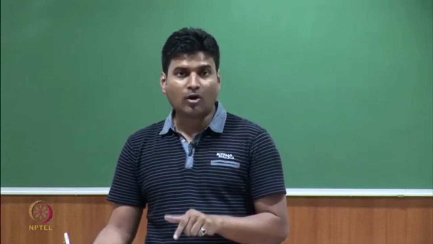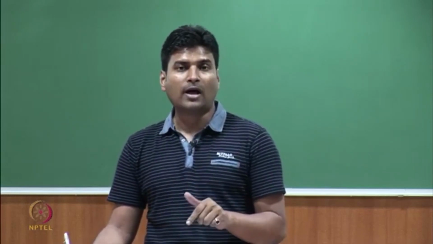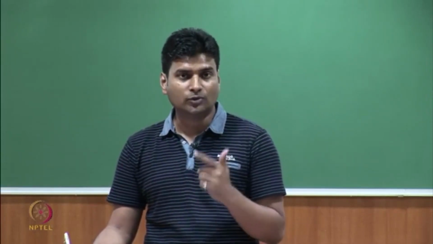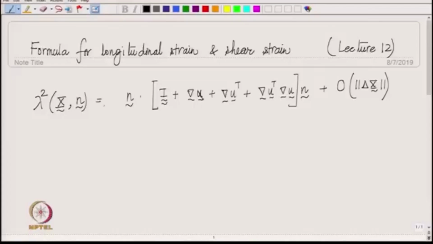So, finally, in this formula we have to apply the limit delta x going to 0. So, when we apply this limit, delta x magnitude going to 0, then this term drops out, and what we have is simply n dot this whole thing.